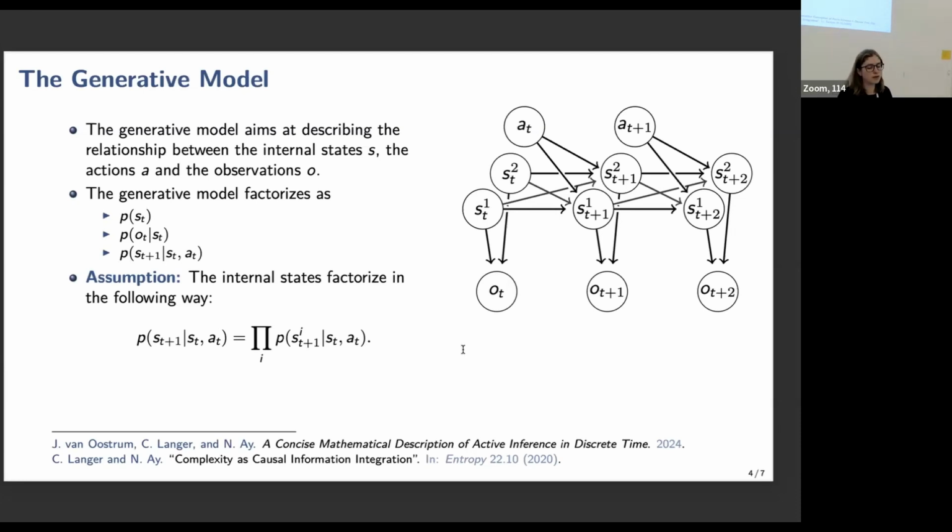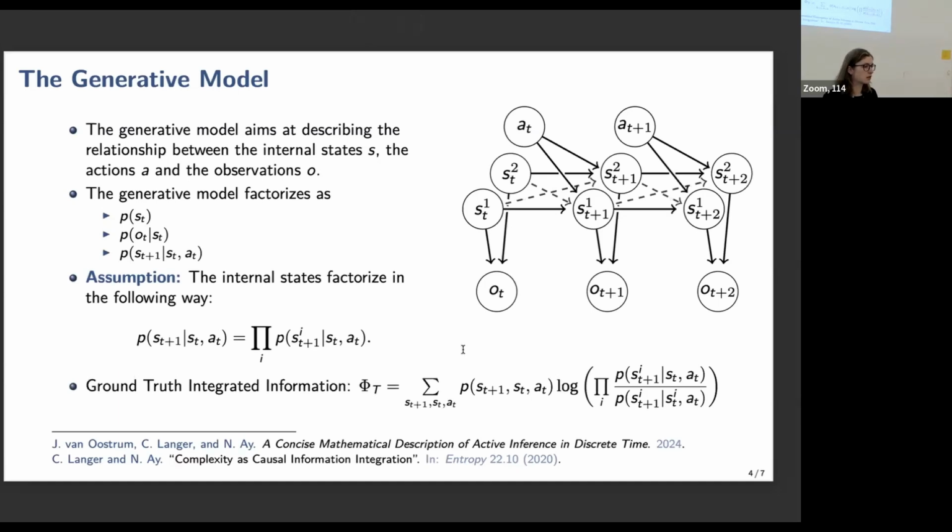Now we define our integrated information measure, where we sever the connections between S1 and S2 through time. This looks like this: the dashed connections here are the ones that we remove, and then we calculate the KL divergence between the full system and the partial ones.